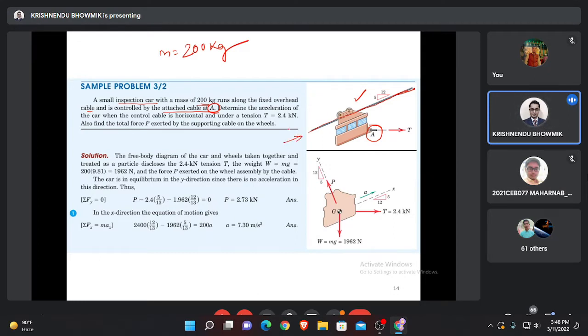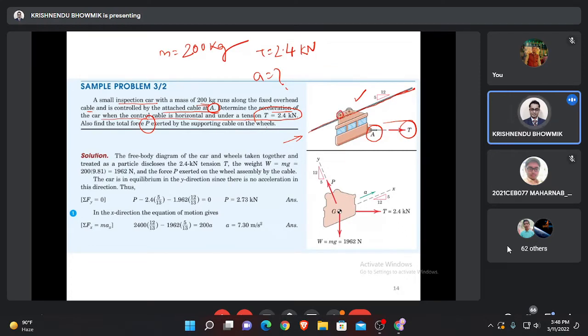Determine the acceleration of the car when the control cable is horizontal and under a tension of 2.4 kilonewton. This is given. We have to calculate the acceleration and also the total force P exerted by the supporting cable on the wheels.